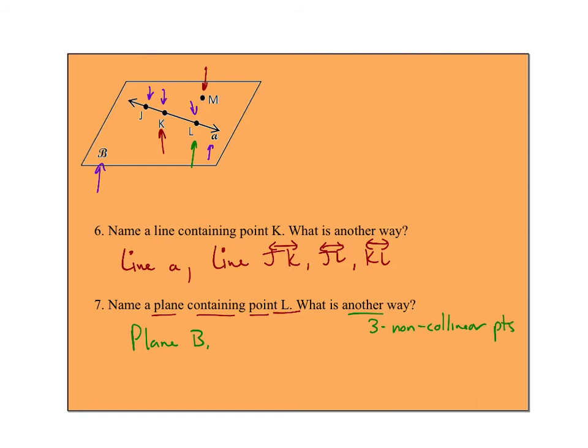So another way I could say that would be plane MJK or MKL. Any of those would work. Notice though, when I do this, JK is on the same line. Those two are collinear, but M is not. That's fine. I can still do that. KL, those two are on the same plane. That's fine, but M is not with them. So I'm perfectly okay there.